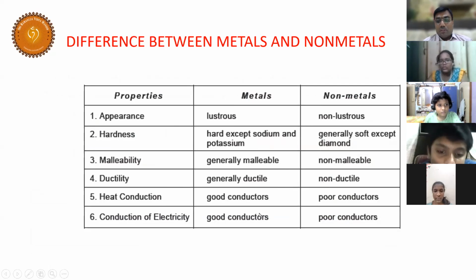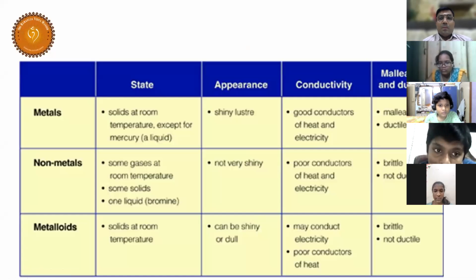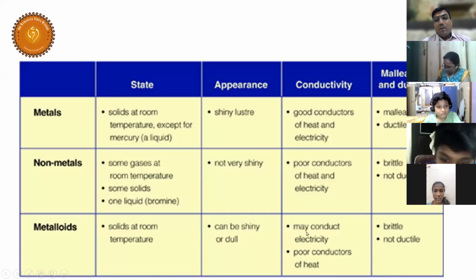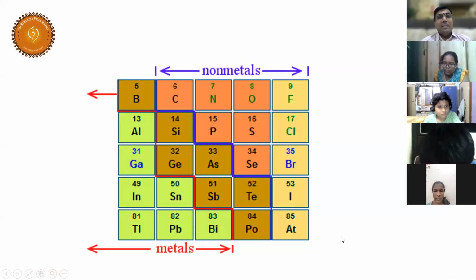These are the differences between metals, non-metals, and metalloids. Metalloids may conduct electricity at high temperature, and at low temperature they act like non-metals.